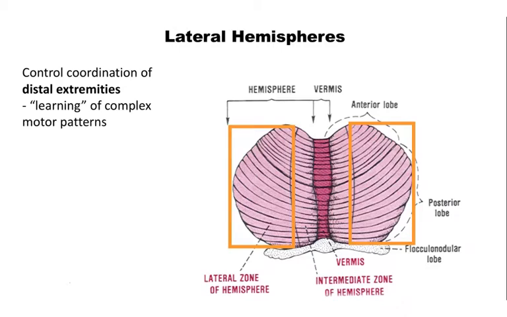Lastly, we're going to talk about the lateral zones of the hemispheres, which is going to be involved in coordinating control of the distal extremities. And this should actually say lateral zone here, because the lateral hemisphere comprises both the paravermal zone and the lateral zone.